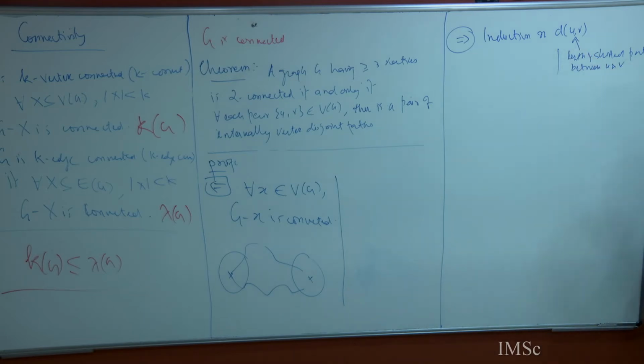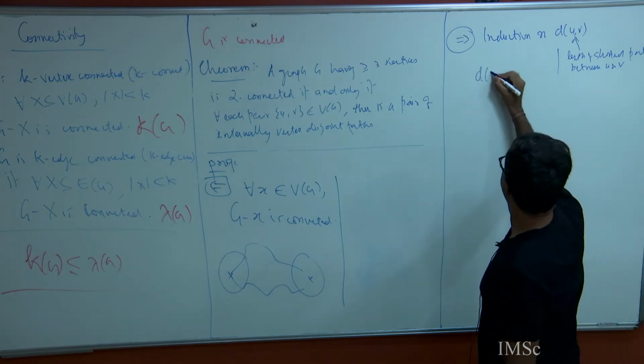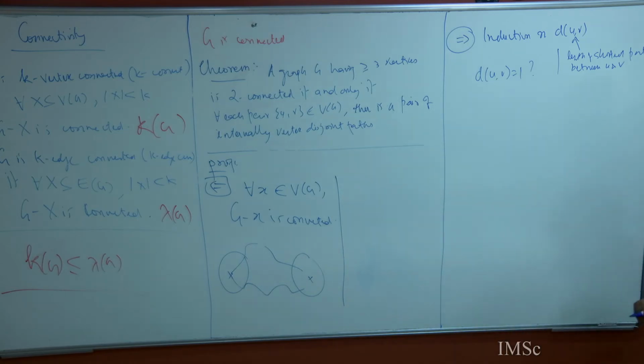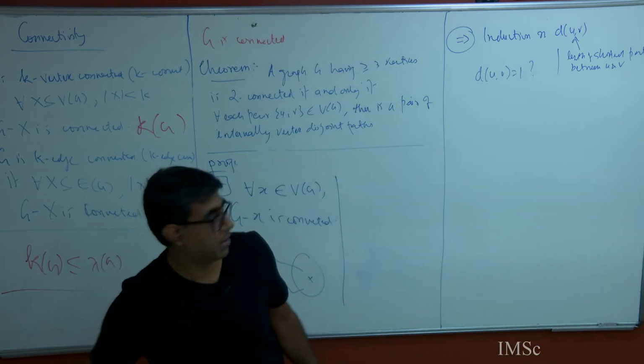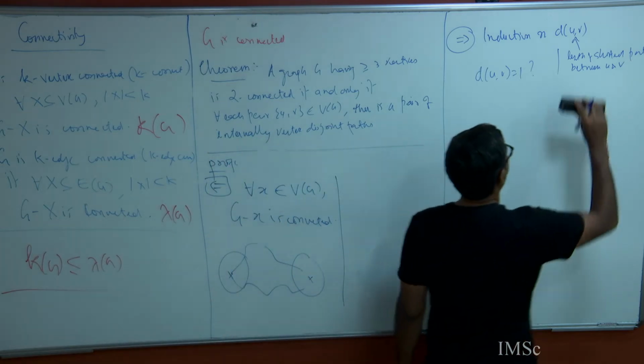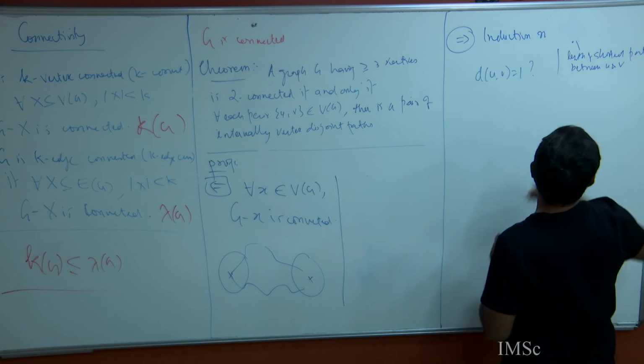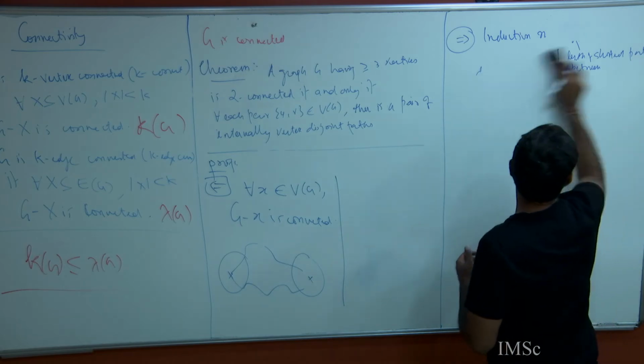Okay, rather than saying induction on d(u,v), it is induction on the length of the shortest path between a pair of vertices, since u,v is not fixed here.